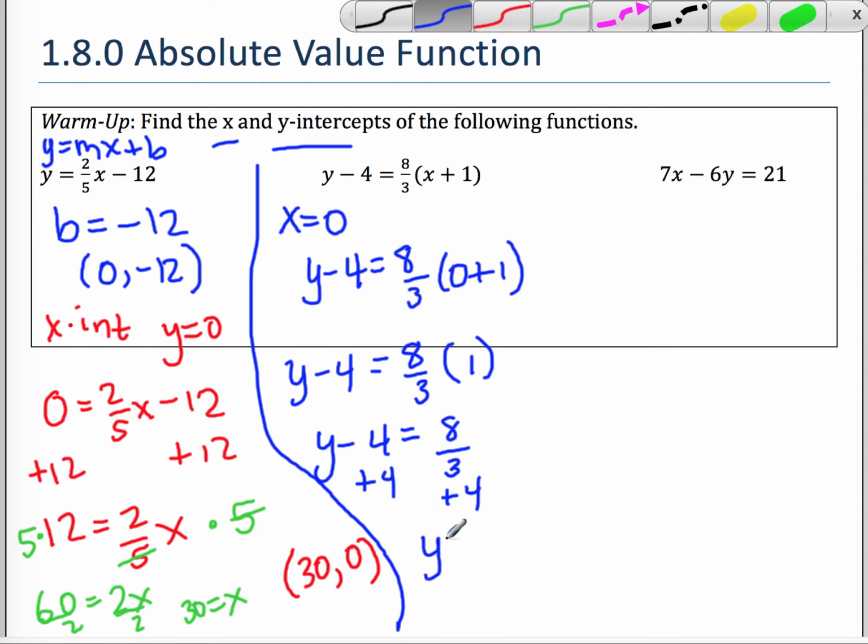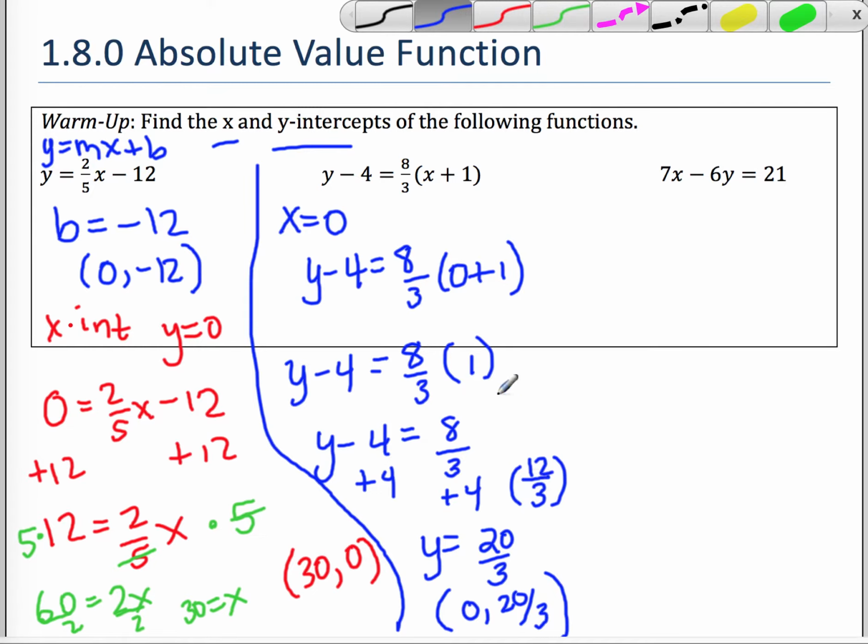And now I have y equals, and if you use your calculator, that's okay. Or we can get common denominators, because this is the same thing as 12 over 3. And 8 over 3 plus 12 over 3 is 20 over 3. All right, so that coordinate point would be 0, comma, 20 over 3.